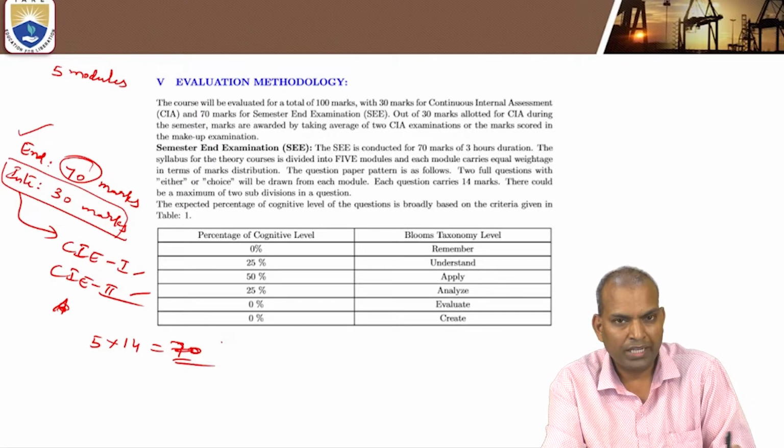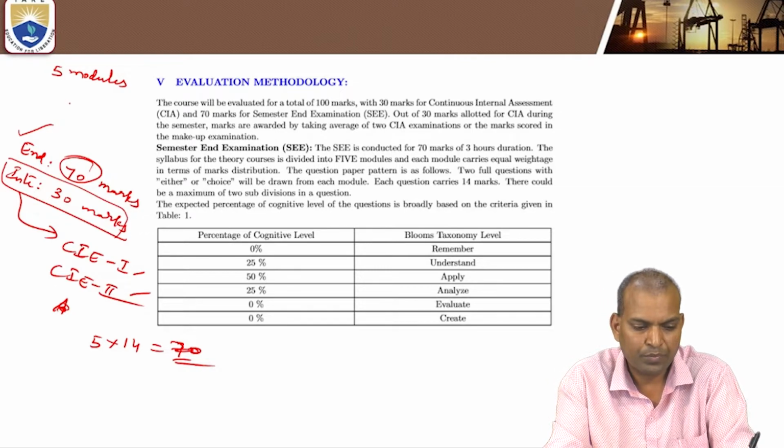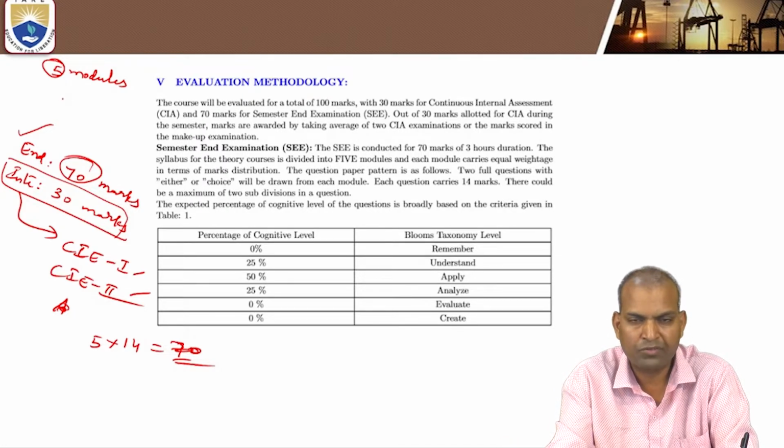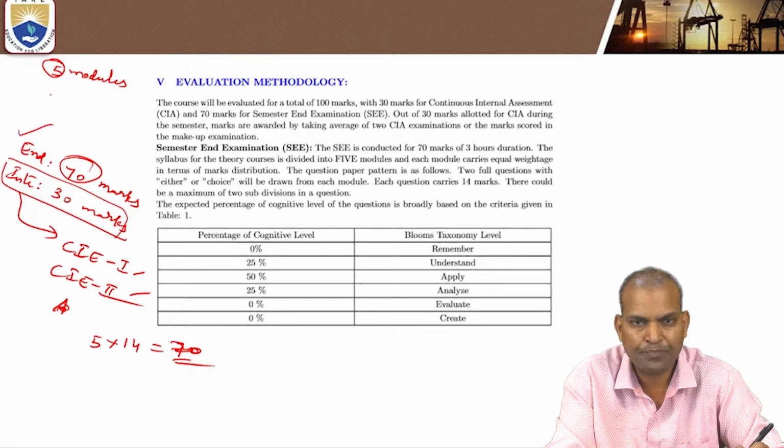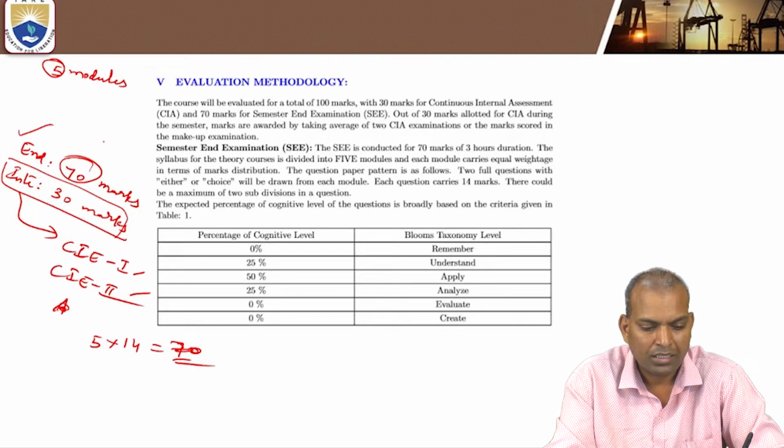Each module consists of 2 main questions, and in each main question there will be 2 sub questions: 1 question related to theory, and 1 question related to problem. We'll balance both theory and problem solving questions in such a way that the students can understand the subject thoroughly, both theoretically and analytically.